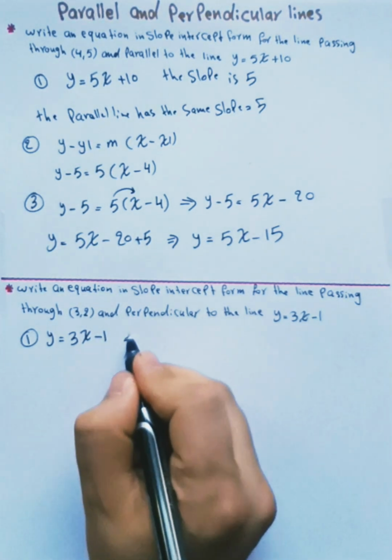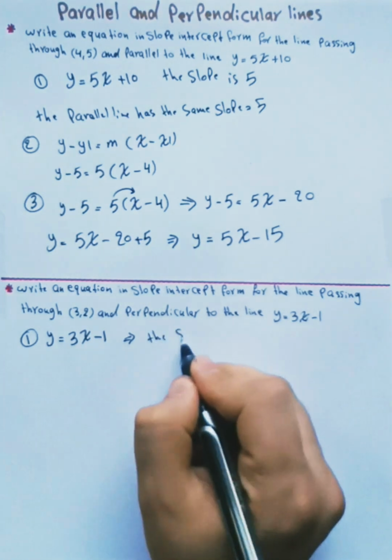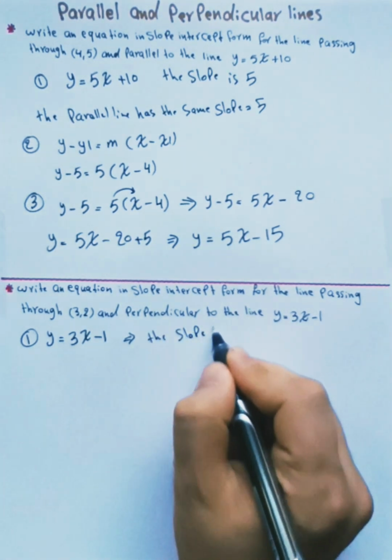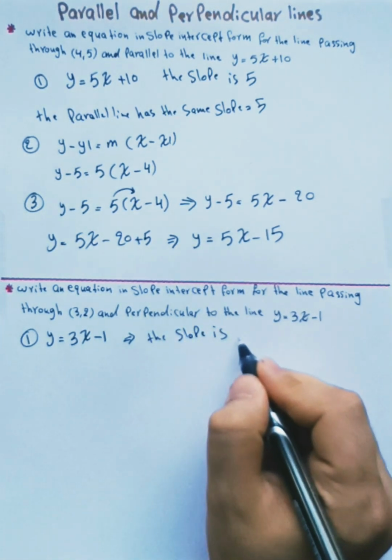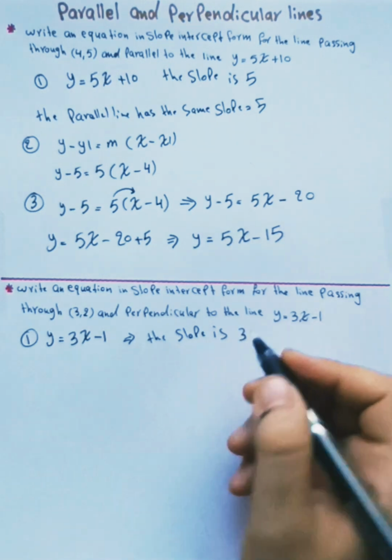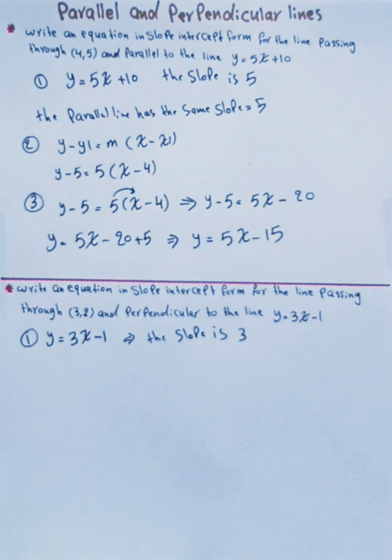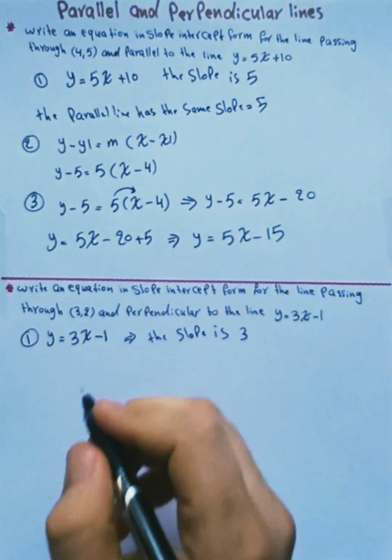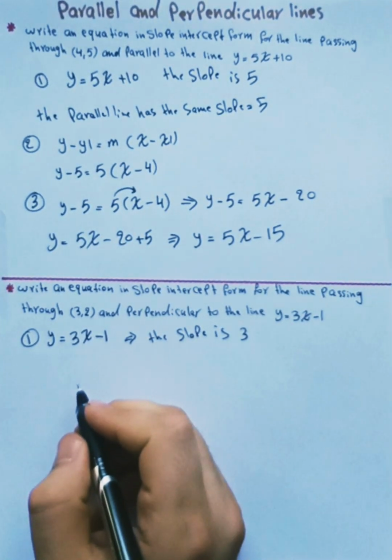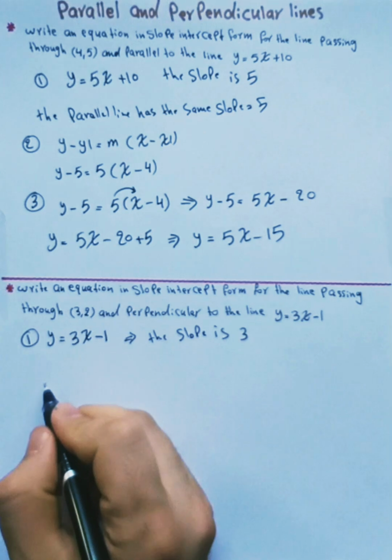So you can say the slope is 3. So the perpendicular line has a slope of negative 1 out of 3.